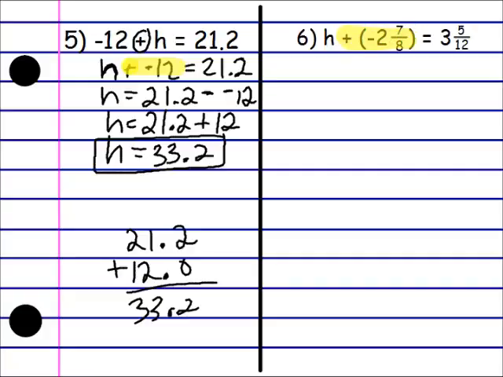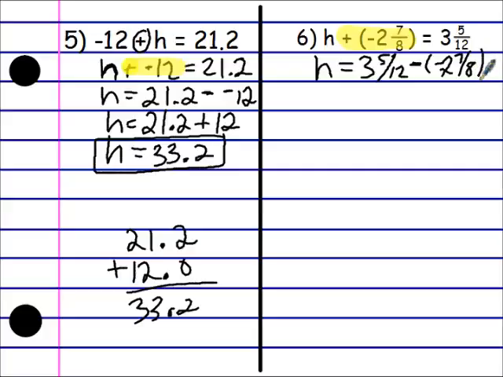Step 2, we'll rewrite the equation without the highlighted number. And finally, step 3, do the opposite operation on the opposite side of the equation. So the opposite of addition would be to subtract. The number stays the same, so it's minus a negative 2 and 7/8.